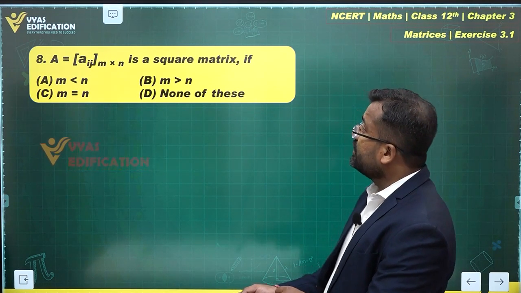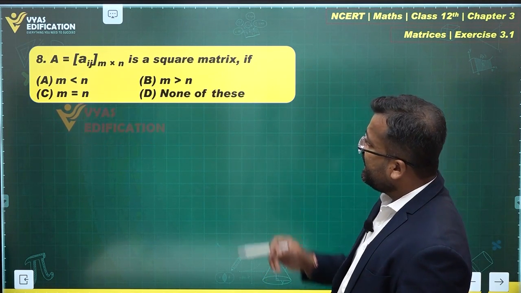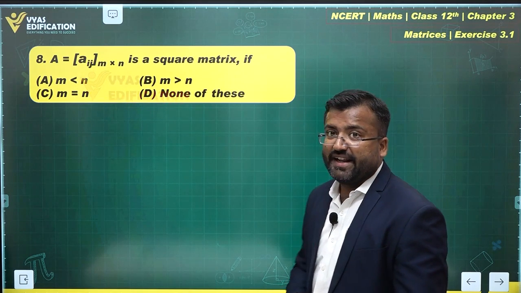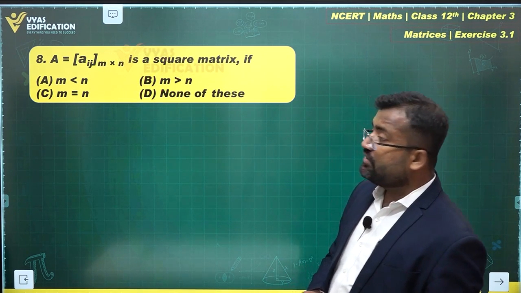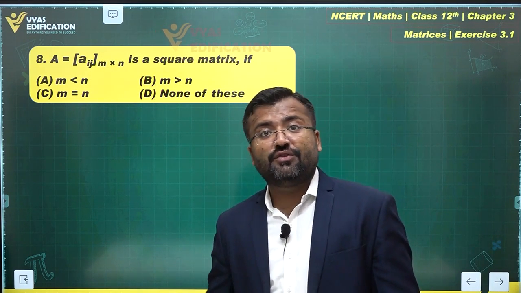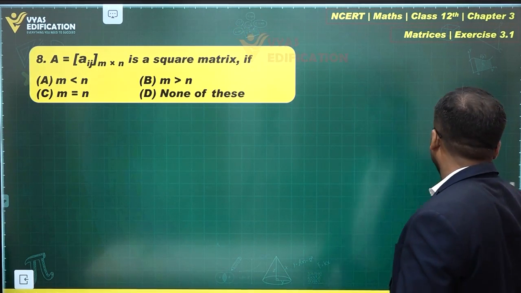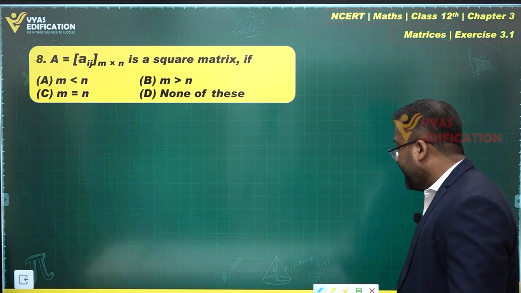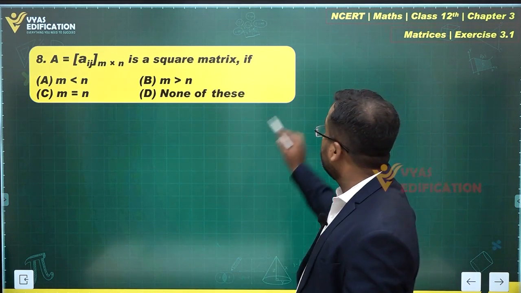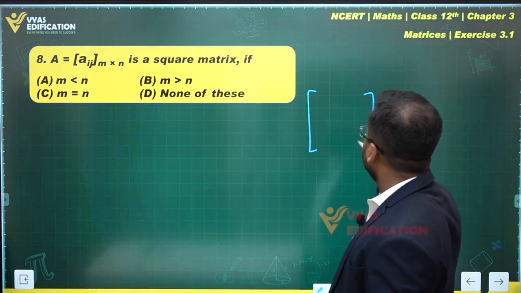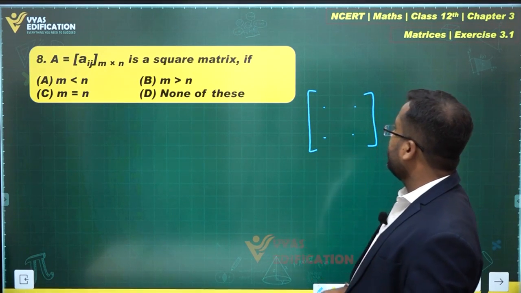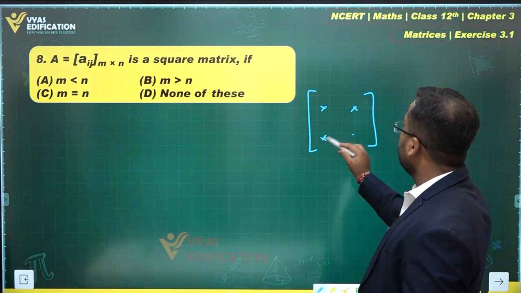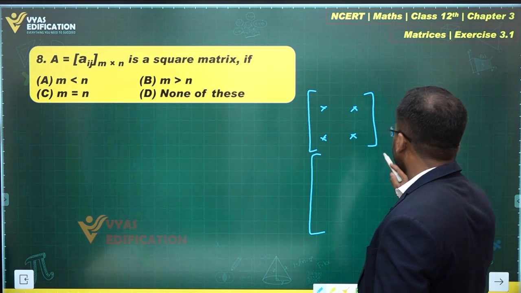Let's talk about this question. A equals Aij, m by n, is a square matrix. So we are supposed to comment about the order of a square matrix. A square matrix is obtained when the number of rows and number of columns are equal. This, having 2 rows and 2 columns, is a square matrix.